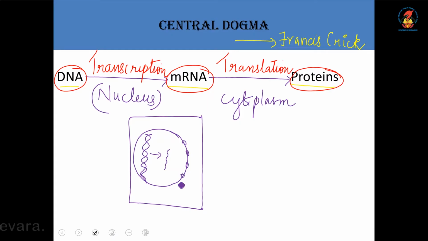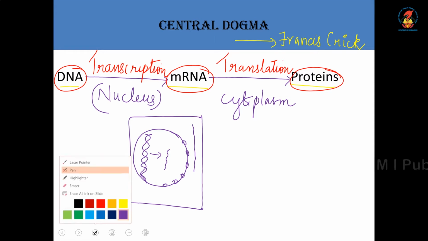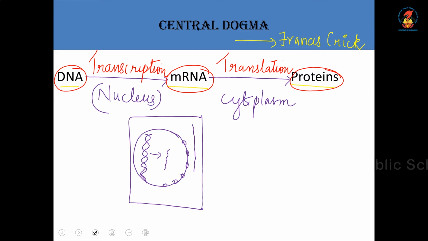There are a number of pores in the nuclear membrane. It comes out through the nuclear pores into the cytoplasm, and in the cytoplasm proteins are synthesized. So, transcription inside the nucleus and translation outside the nucleus, that is in the cytoplasm.